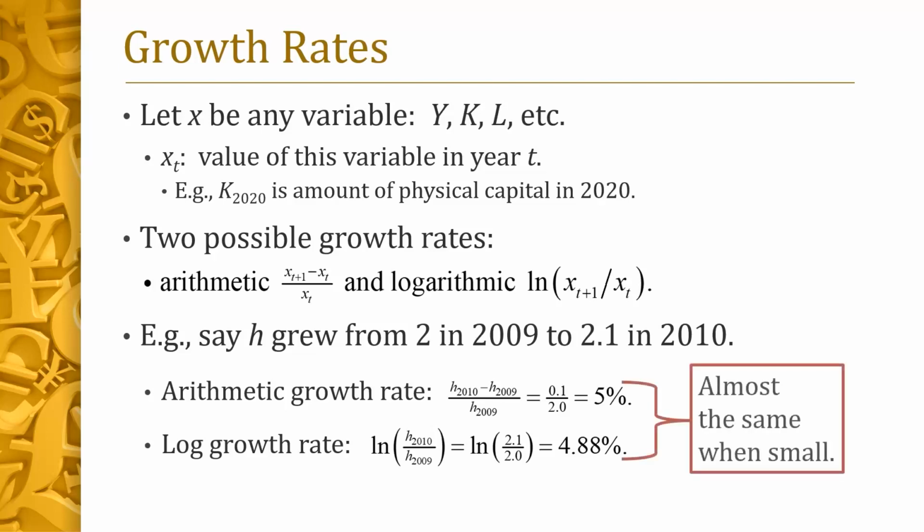As you can see, the two rates are nearly the same. Indeed, when the rates are small, the log growth rate is a good approximation to the more common arithmetic growth rate. In this video, we will use the log growth rate, which has some useful properties that the arithmetic rate lacks.